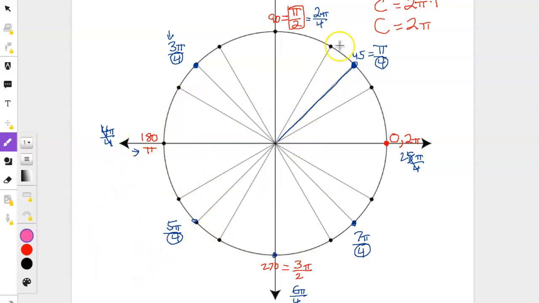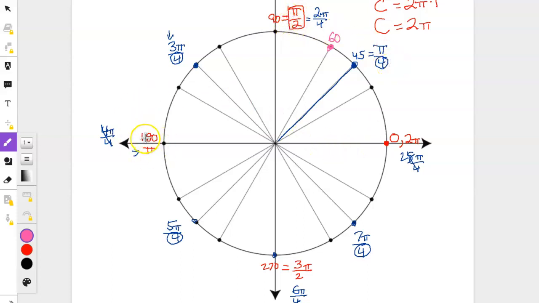Okay, so there's 2 more increments here. We did the 45s. The next one we're going to look at is these right here, which are 60 degree angles, and those increments of 60 degrees. So like we did the last one, we asked, how do you get from 180 to 90? You divide it by 2, so we get pi over 2, right? Half of pi over 2 will give you pi over 4.